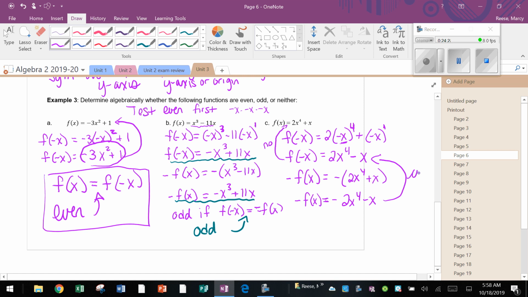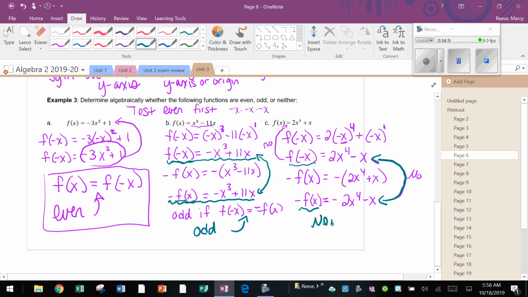And this is a no, too, because remember how we checked for odd was we saw that these two matched, f of negative x and negative f of x. So these guys don't match either, do they? The f of negative x doesn't match the original, and the f of negative x and the negative f of x do not match. So it is not even, it's not odd.